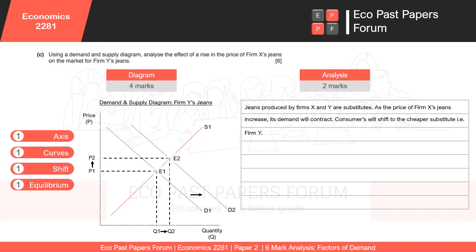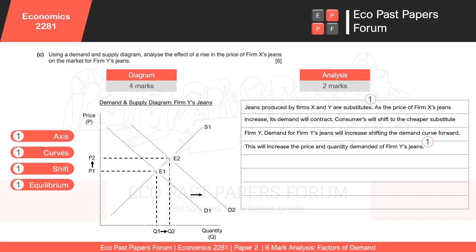Consumers will shift to the cheaper substitute, that is firm Y, because initially there is no change in its price. Demand for firm Y's jeans will increase, shifting the demand curve forward from D1 to D2. This will increase the price and quantity demanded of firm Y's jeans, which you can see from the diagram.